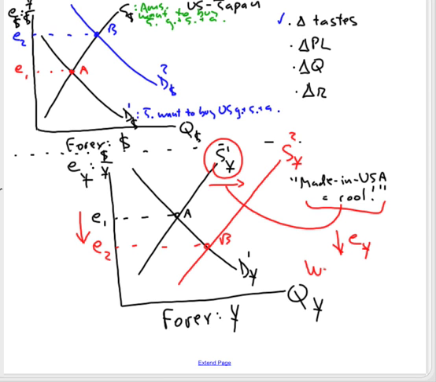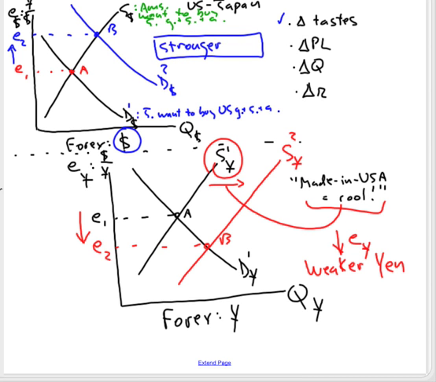A weaker yen. In the same way that, as we saw up on top, in the forex market for dollars, the exchange value of the dollar rose, and we got a stronger dollar.